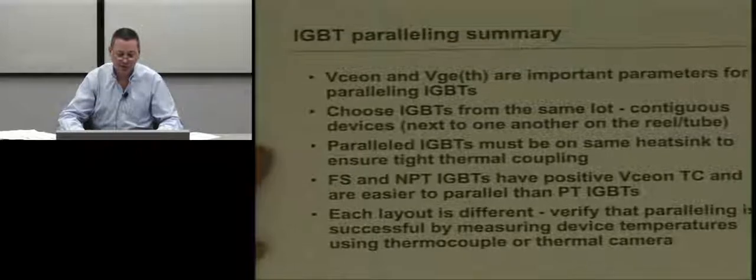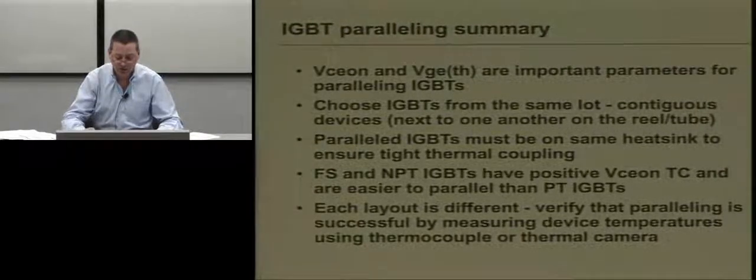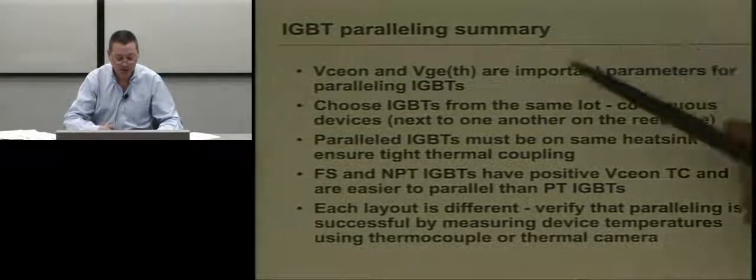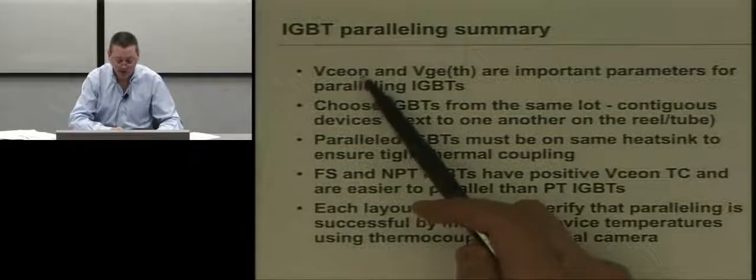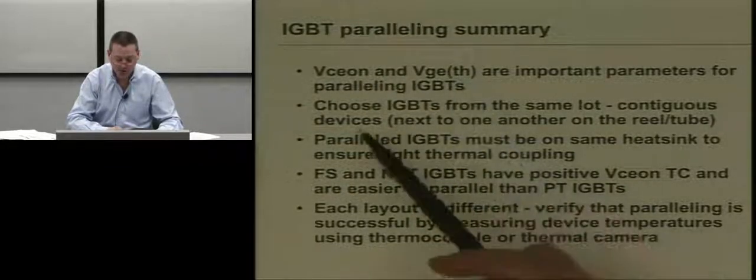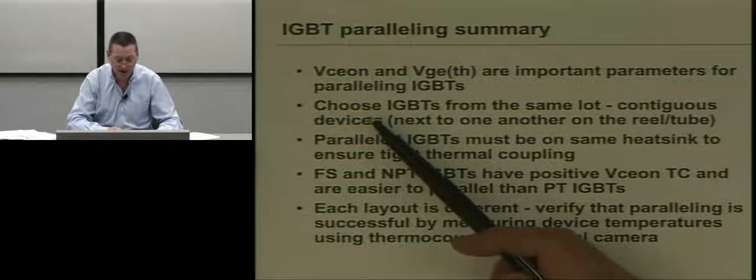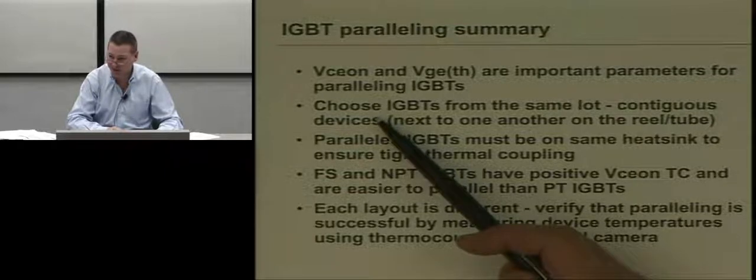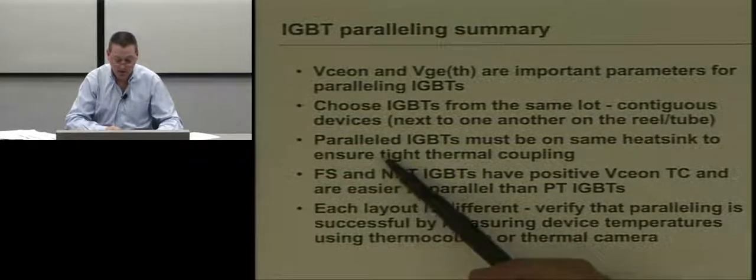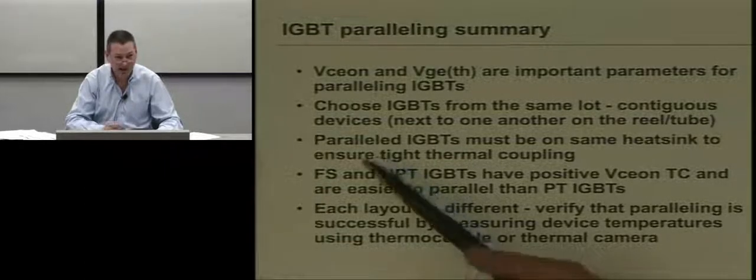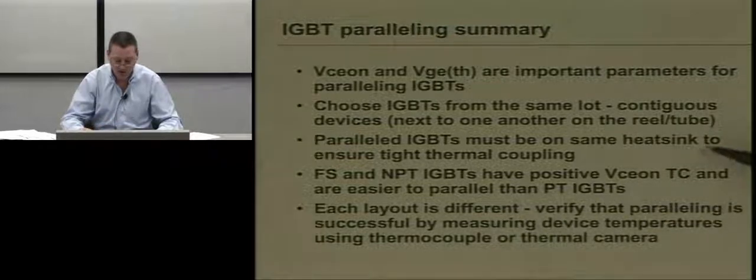So, summary. For paralleling IGBTs, the two important parameters you need to worry about are the VCE on and the threshold voltage. If you're able to choose devices that come from the same wafer lot, the same assembly lot, you have a much better chance of having well-matched devices. Having thermal matching between the parallel devices is critical to maintaining their sharing capability.